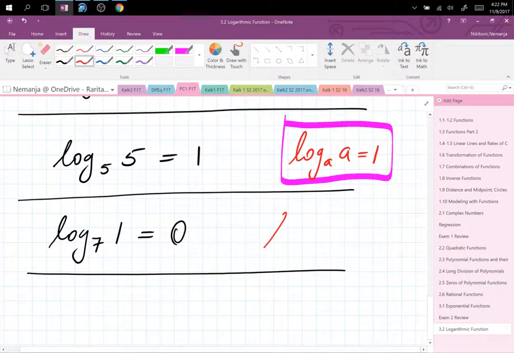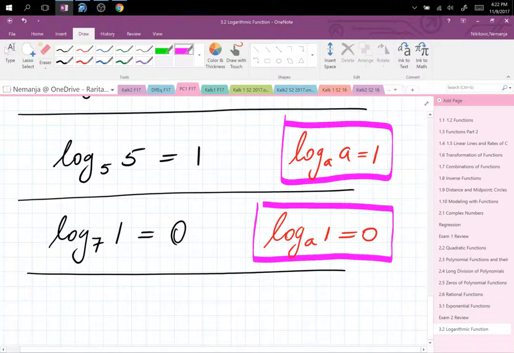The one on the bottom, log of any base of 1 is always 0. How much is log 3 of 1? Log 10 of 1? Log pi of 1, right? So if this thing over here is 1, you can have A, any base, right?